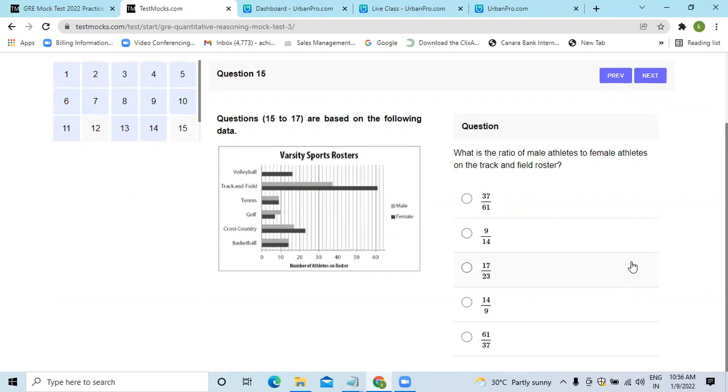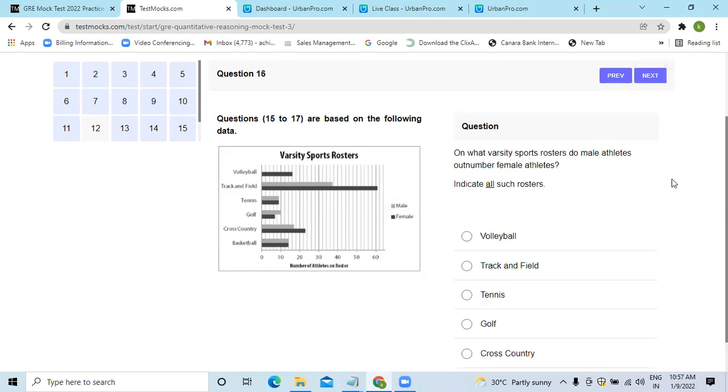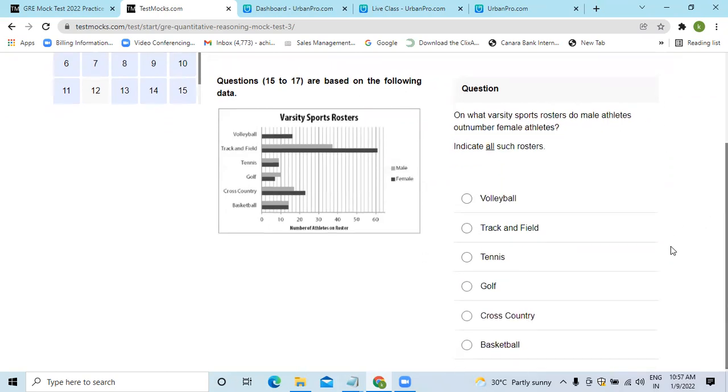Relations to field. Field is 27. Female from 37 by 61, sir. The first one. On what varsity sports do male athletes? Golf, sir, and that's it.